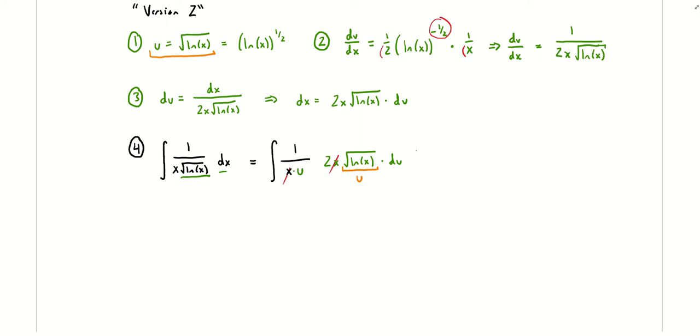So this becomes the integral of 1 over u times 2 times u, taking the derivative with respect to u. And now things start to look really easy because the u's cancel each other out, and that actually just leaves us with the integral of 2.